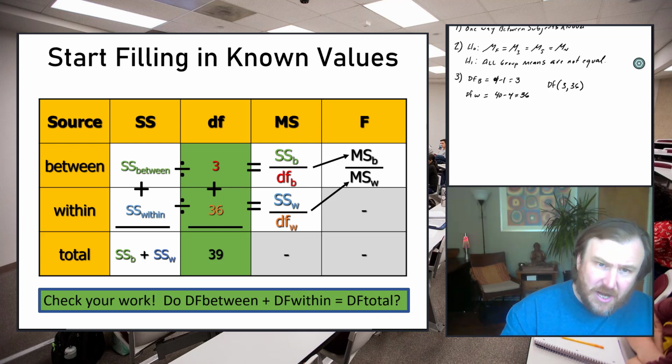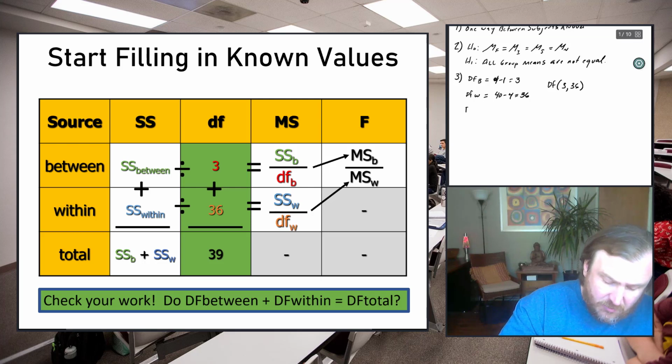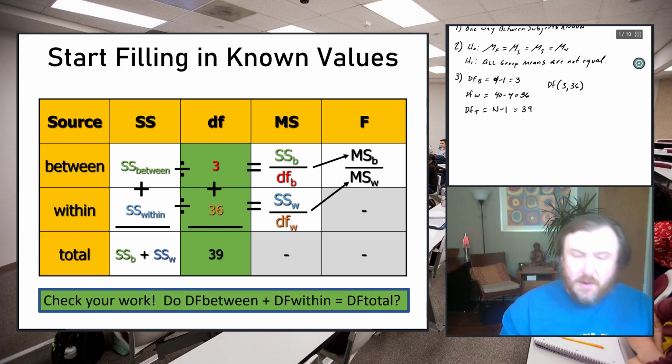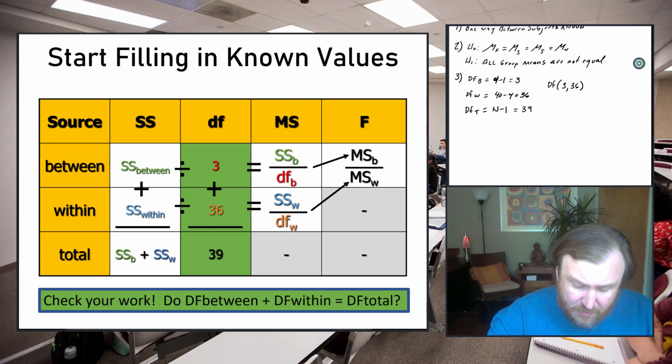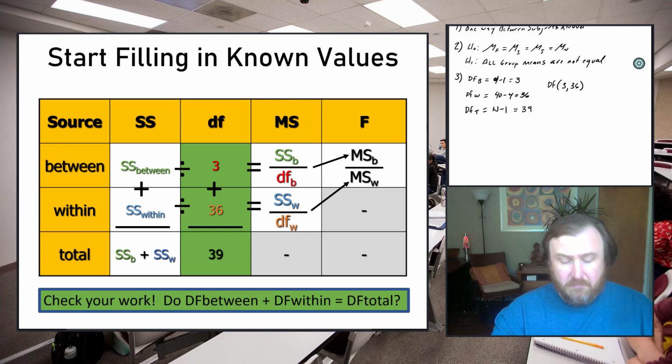We can double check our work because we know that degrees of freedom total is equal to big N minus 1, so this should be 39. 3 plus 36 is 39, so we know we're on the right track. If your degrees of freedom between and within do not add up to N minus 1, something went wrong. You'll want to check that, because this computation has implications for every single step that follows.